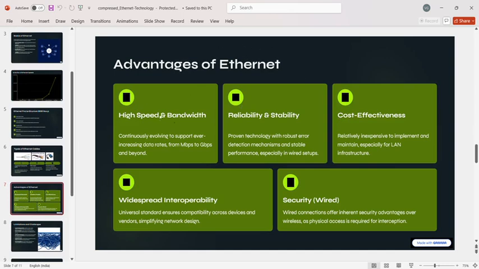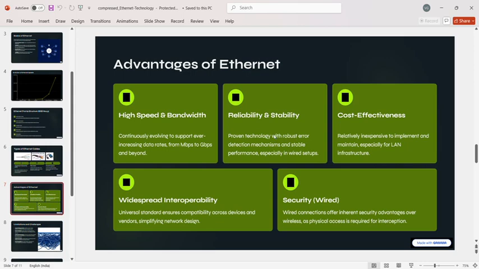The advantages of Ethernet: it has high speed and bandwidth because it supports from 10 Mbps to 400 Gbps. So it's highly adaptable to our data speed with upgrades. Then reliability and stability.